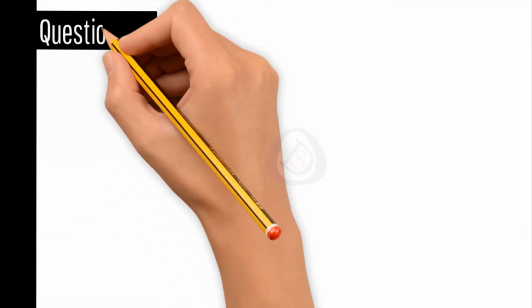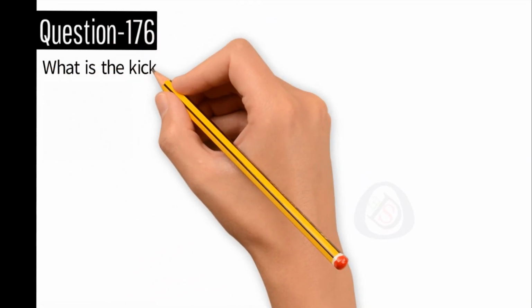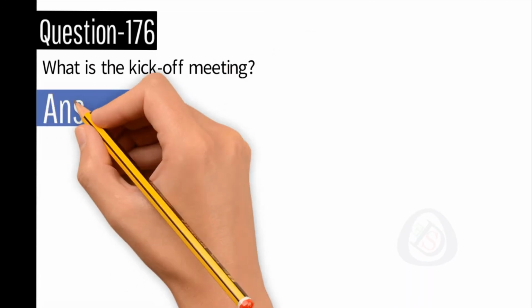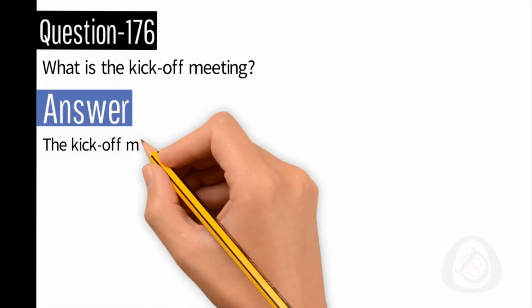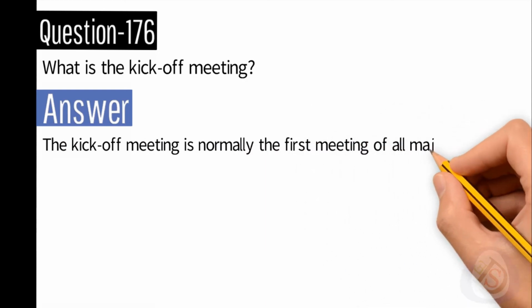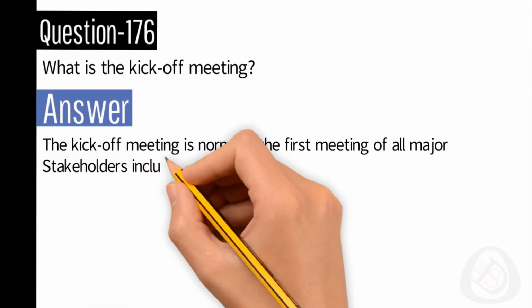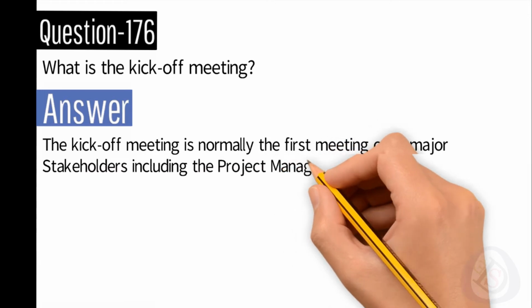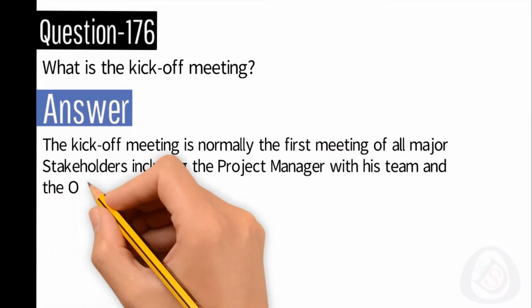Question number 176. What is the kickoff meeting? Answer. The kickoff meeting is normally the first meeting of all major stakeholders, including the project manager with his team and the owner's representatives.